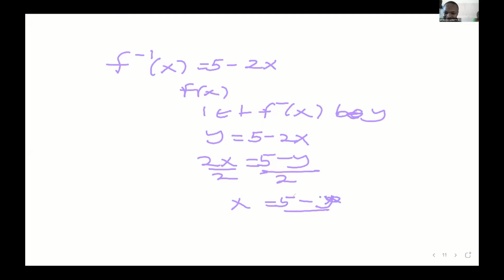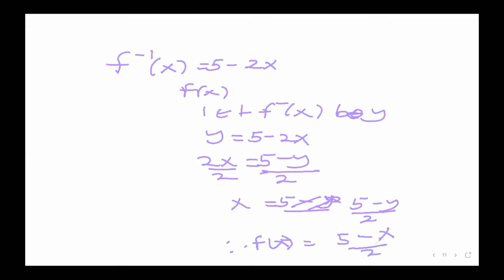Therefore, f of x will be 5 minus x out of 2, automatically replacing the y here with x. That is it. That's how you have to go back to the function f of x. Have I answered your question?